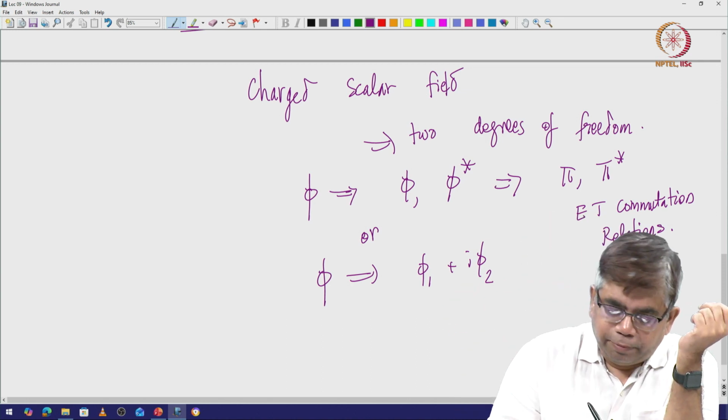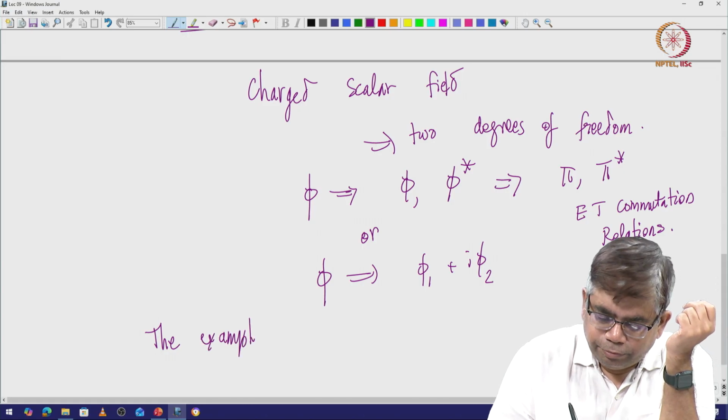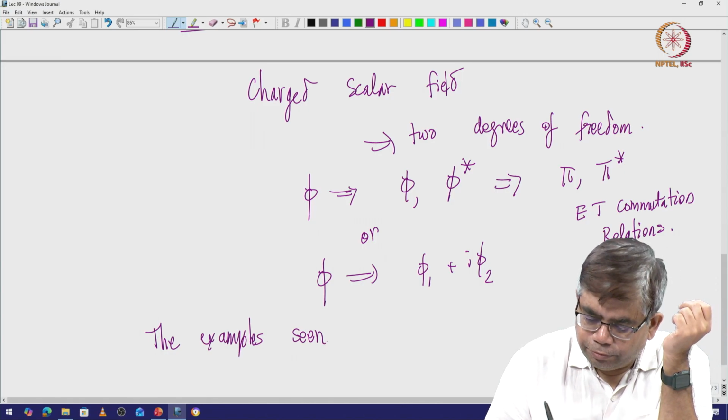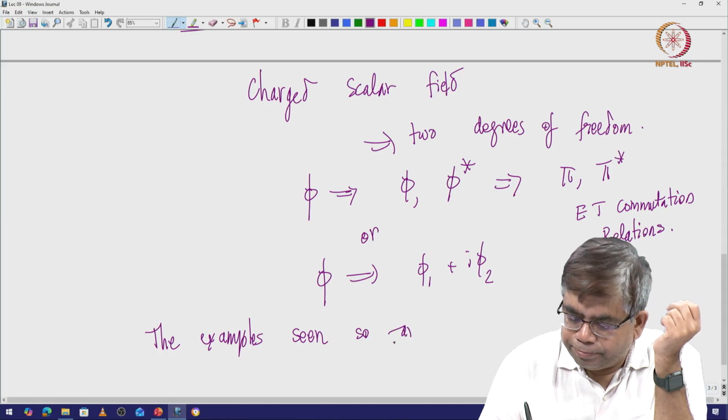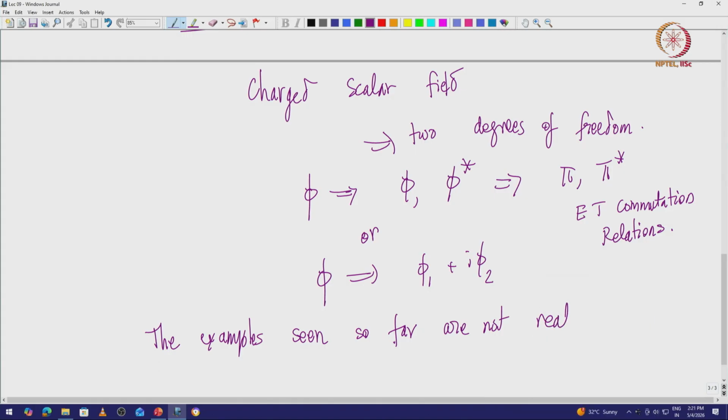So the examples so far are not realistic. What I mean by realistic is that you cannot test them, in the sense that if you don't have interaction for any particle, there is no way of knowing whether it exists or not.